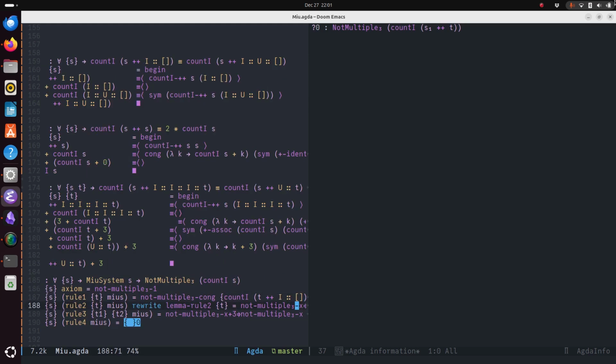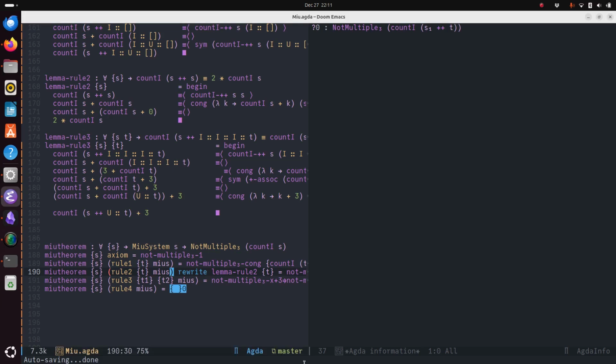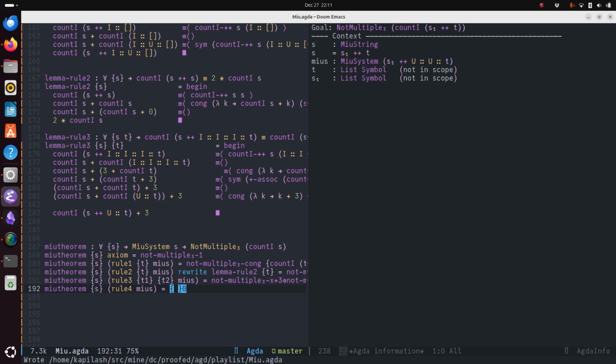Right. So now we have proved the theorem for rule 3 as well. Now let's go to rule 4. Rule 4 is the case where we can drop 2 consecutive U's. Let me again introduce the implicit parameters.